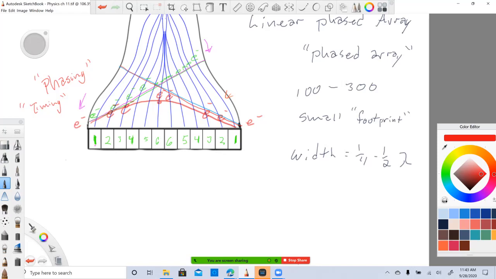Let's see if I could draw this. Make that a little bigger. Outside number 1. Outside number 1. So those were first. Then number 2 was a little bit later.